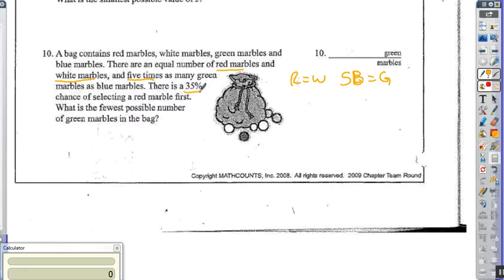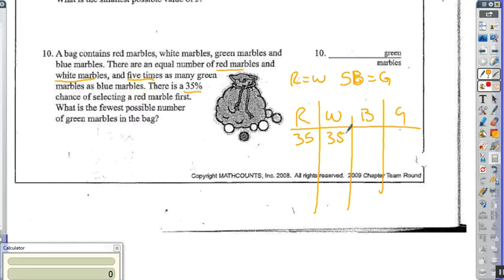And then it gives us the key to this problem. 35% are red marbles. So I said red, white, blue, and green. So if I have 35% red, that means I must also have 35% white. So that means I have a remaining 30% because that's 70%, right? So I know that green and blue combined is 30%.